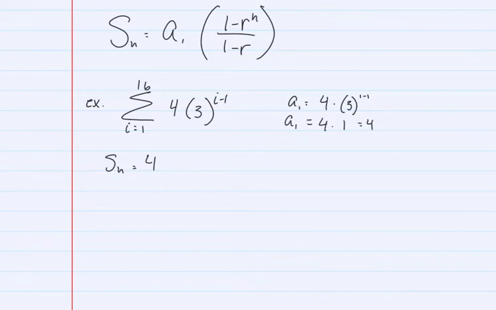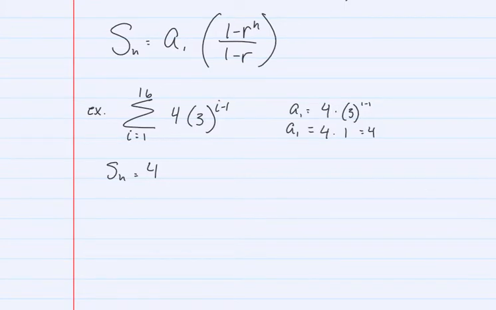And then I need to find r to the n. So we need to identify what r is. Here r equals 3. So r to the n is going to be 3 to the 16th power because n is the number of terms we're looking for. So we are looking for the sum of 16 terms here.